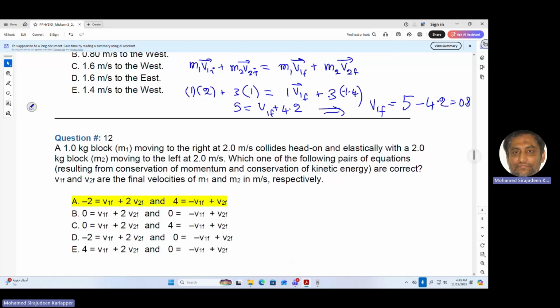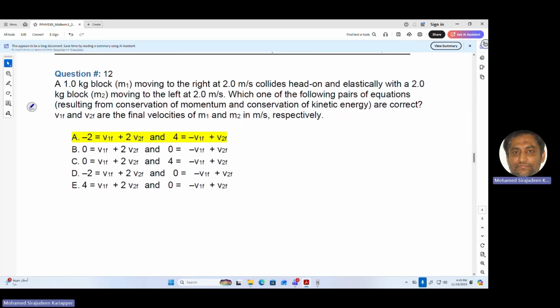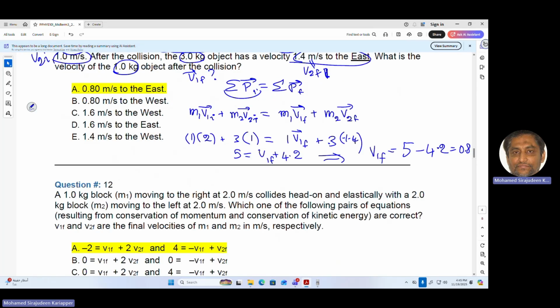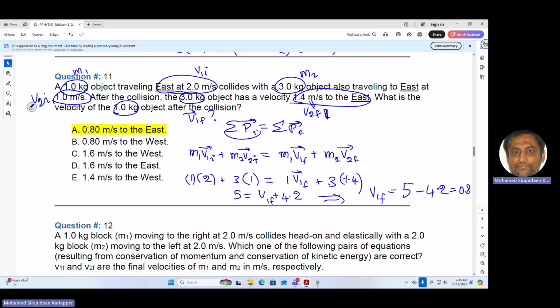I have a small question. Oh, the same question. Come on, in everything, same question. What makes you tell it's not elastic? Yeah, let me go back. Okay. Elastic collision means kinetic energy is conserved. Total kinetic energy before is equal to total kinetic energy after.